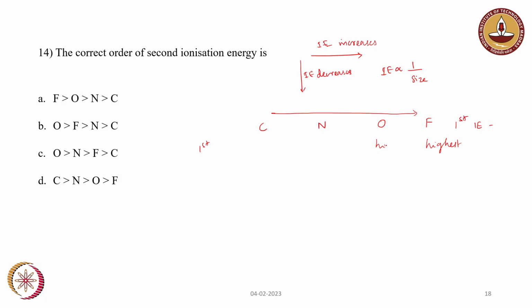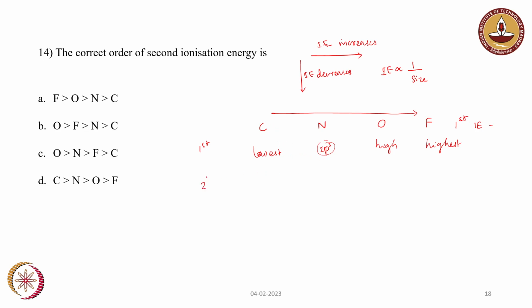And here nitrogen is half filled and stable, that is the 2p3 configuration. So it will be difficult to remove one electron from a half filled configuration. So it will be higher than carbon.